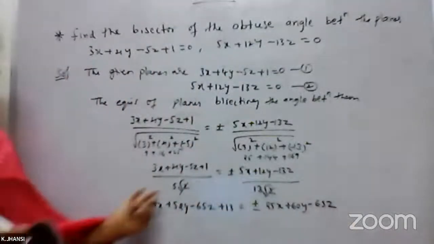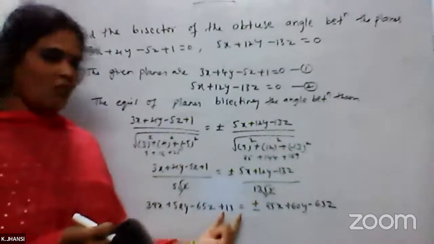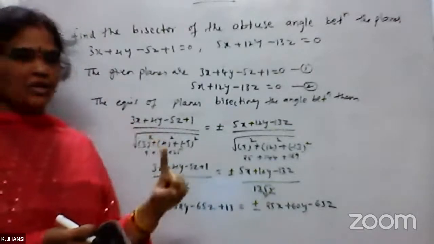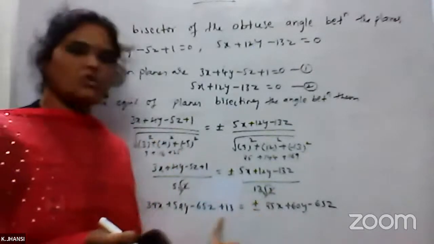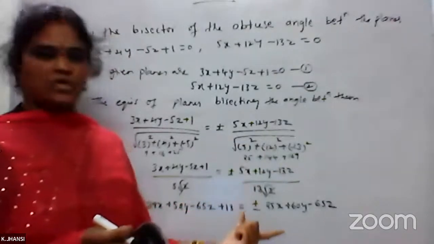When you do the cross multiplication of this, you will get this one. Next, what you have to do, first you have to add these two equations, so you'll get one equation, and when you subtract these two equations, you will get another equation. So those are equations 3 and 4.